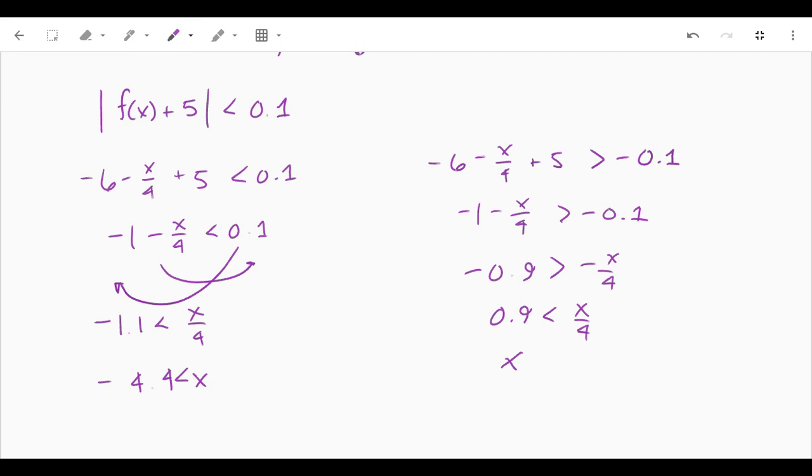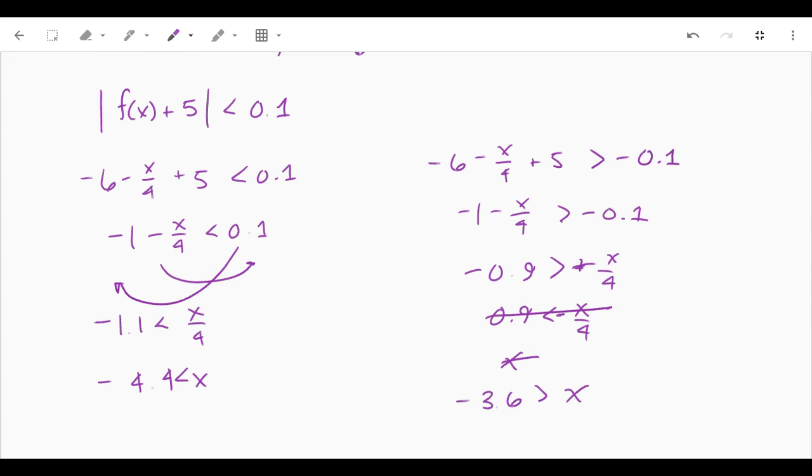Oh, this would be positive. And then that would be negative. So I didn't want to flip the sign. Okay, so then negative 3.6 has to be greater than x.